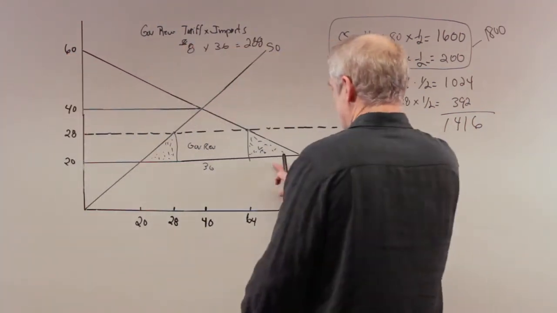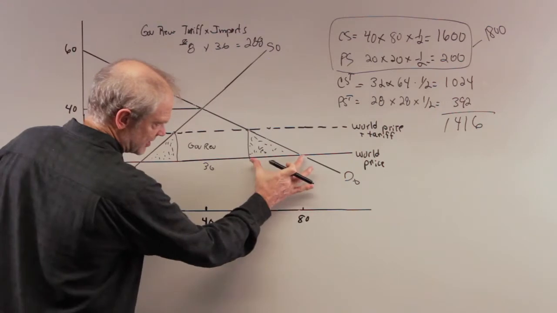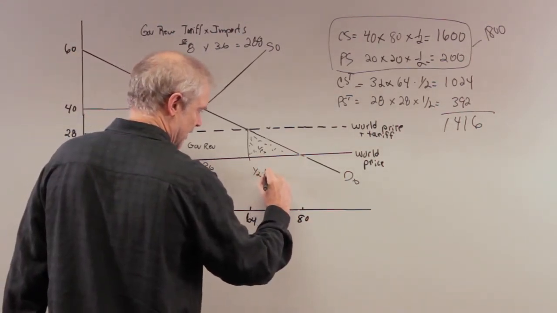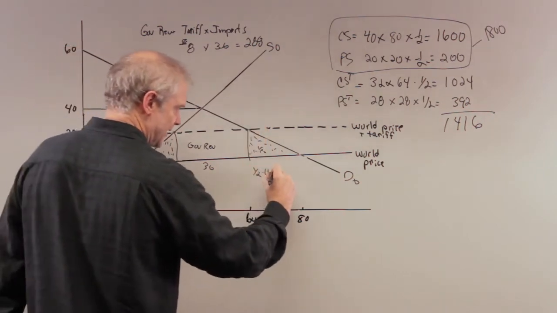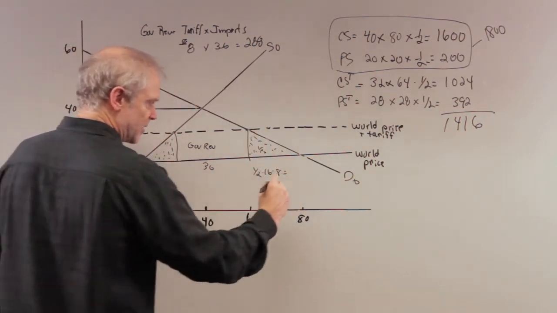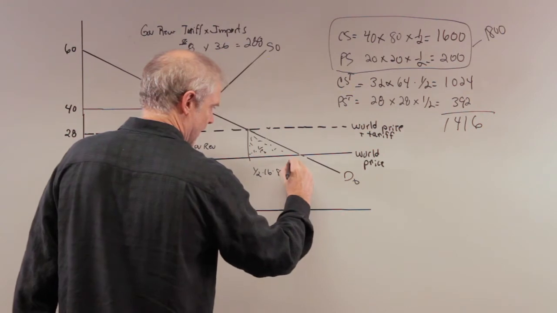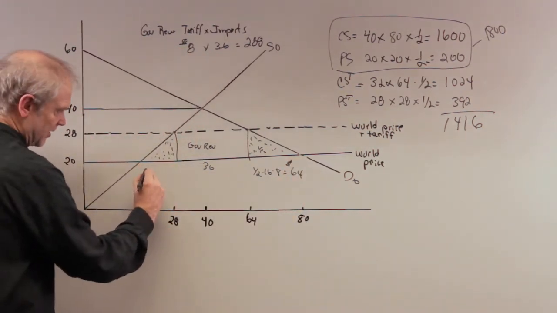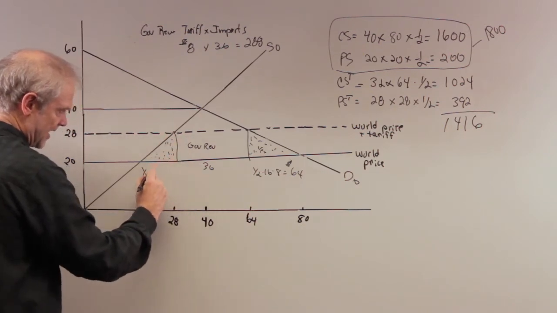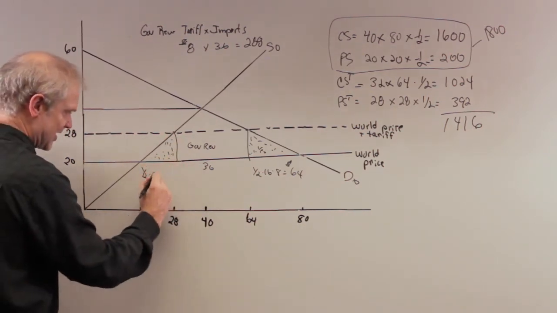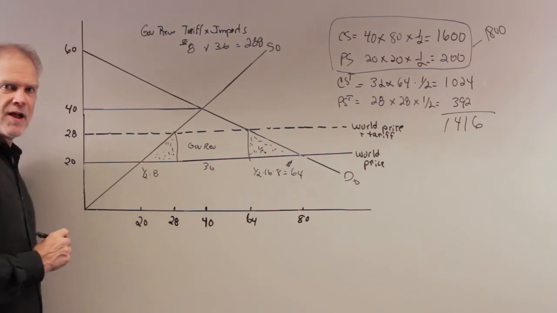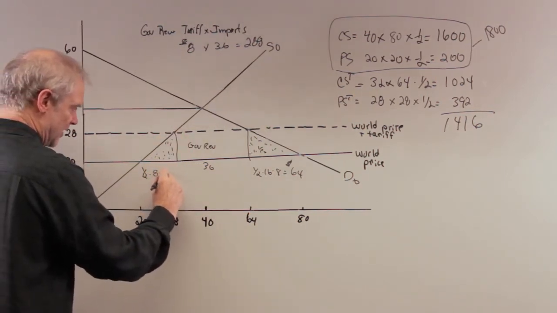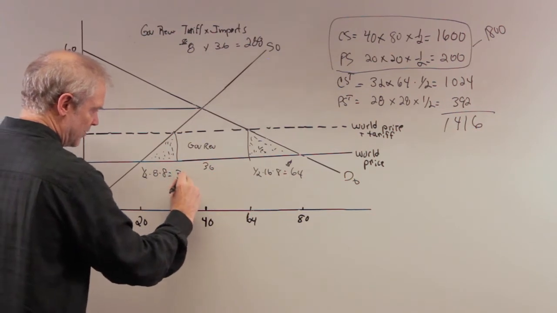So this area right here is this. Here's the length. It's 80 minus 64. So it's going to be 1/2 times 16 times the amount of the tariff, which is 8, which is going to be equal to $64. That was lost surplus. This triangle right here is what? Well, it's 1/2 times this distance right here, which is 8 units, which is how much the domestic producers increase their production, times the tariff, which is 8, which is going to be equal to $32.